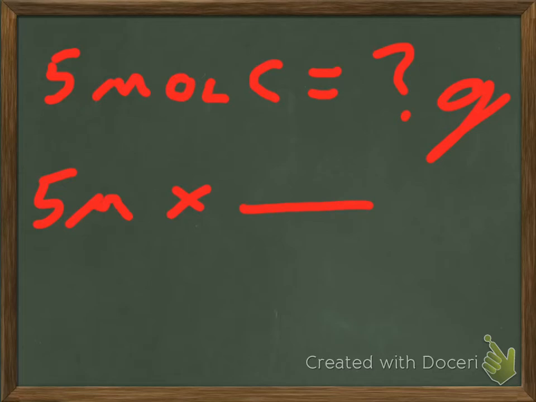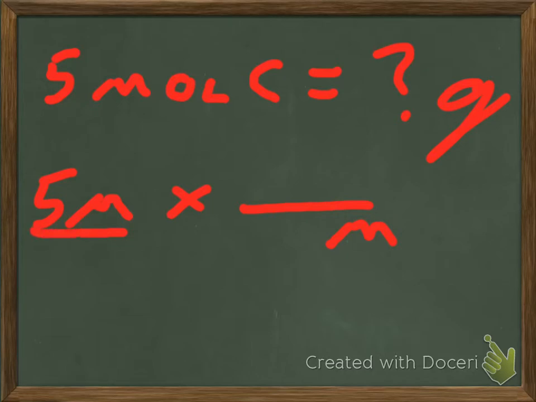Then I'm going to have something on top and something on bottom. I'm going to deal with my units first, before I deal with any numbers. Right now I'm in moles, and I don't want to be in moles, so I'm going to put moles on the bottom. Why on the bottom?